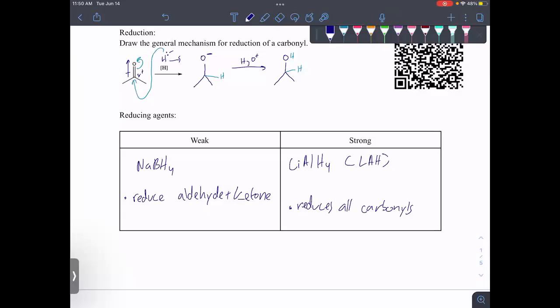It reduces everything: aldehyde, ketone, carboxylic acid, ester, it turns everything into an alcohol.